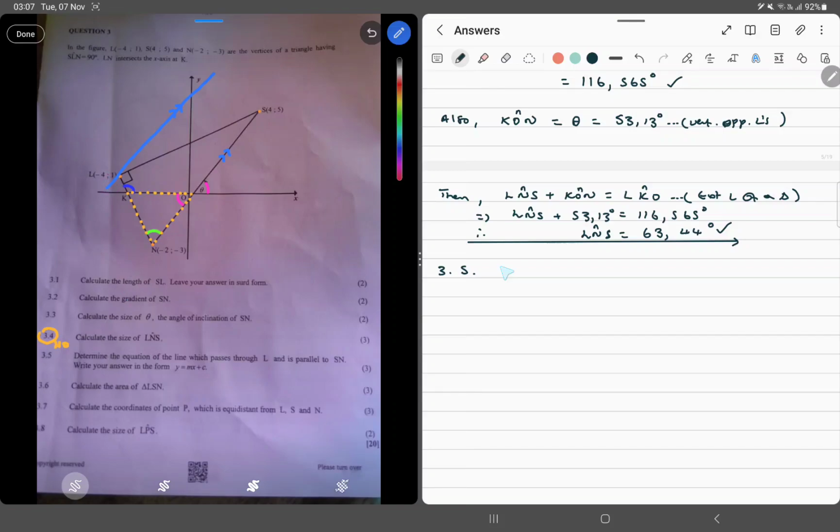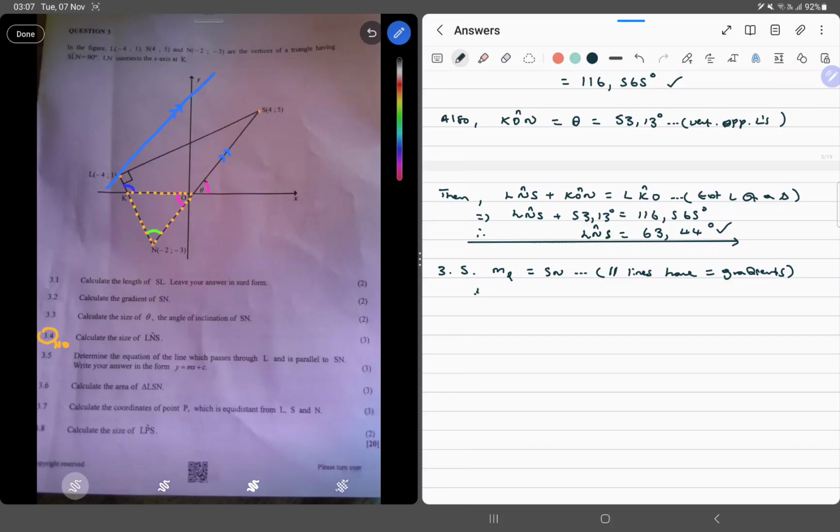So obviously, we know that the gradient of the line, just going to annotate it as L, is going to be equal to the gradient of SN. Right? Those are the parallel lines. So we can say parallel lines have equal gradients.